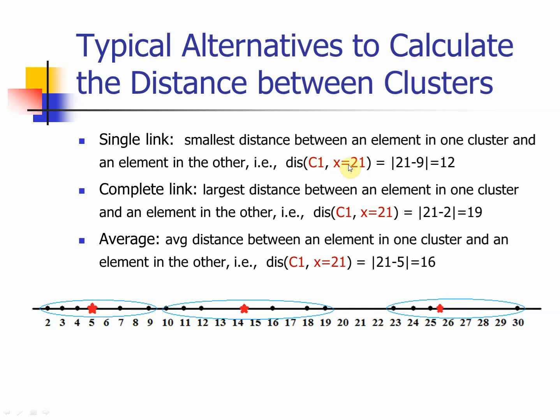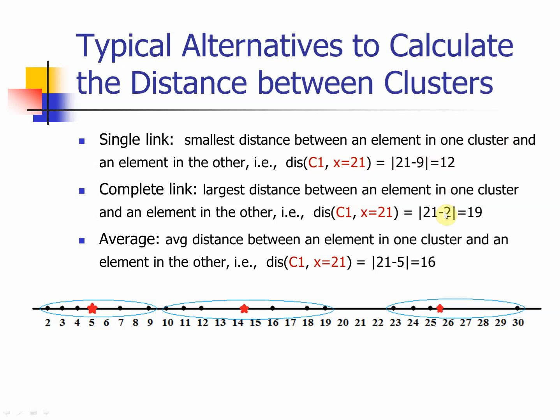When we do that, we use 21 minus every single point over here to find the distance, and the one that we assign is the closest one. In this example, we can easily see that the closest one is the element 9 inside cluster 1. So the single link distance between x equal to 21 and C1 is 12.